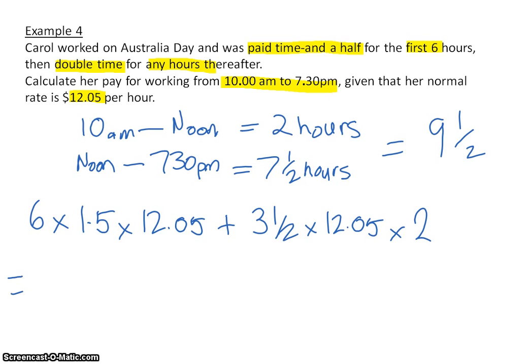Once we've got all that working out down, the examiner can see they've worked out the number of hours, that's 1 mark. They've put out their working, that's another mark. They have a go at the working out, and they end up with $192.80.